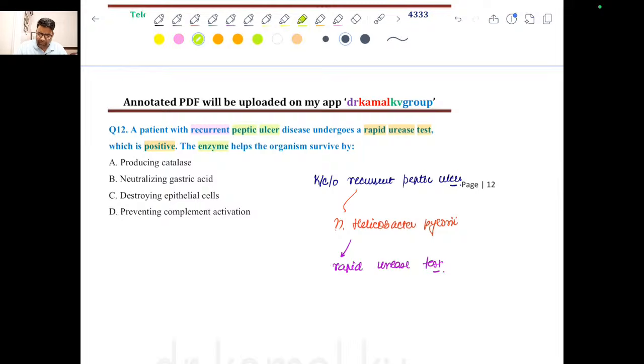Now the question is how this organism is surviving in acidic environment of stomach.